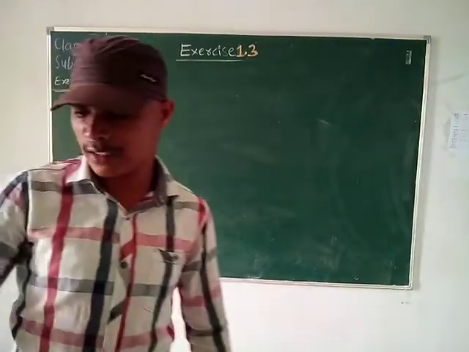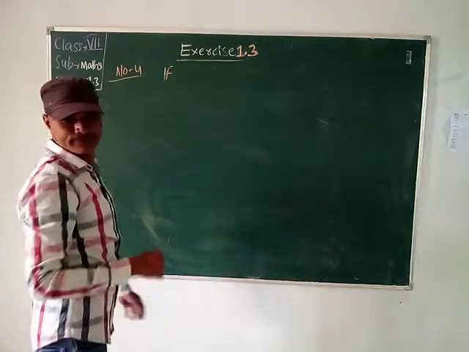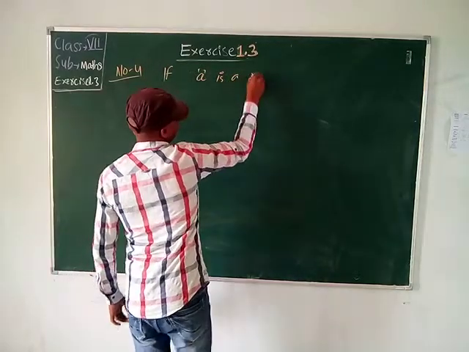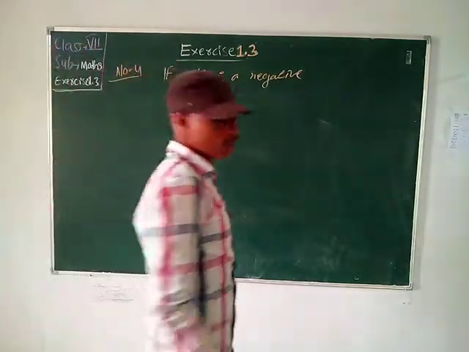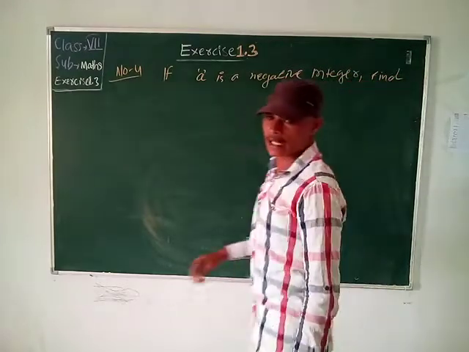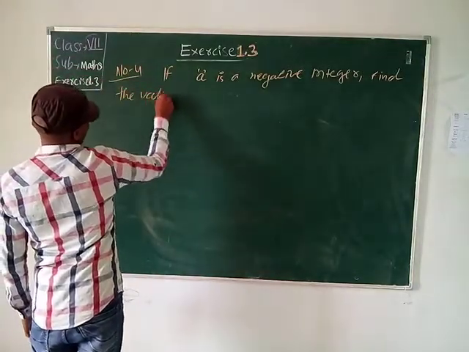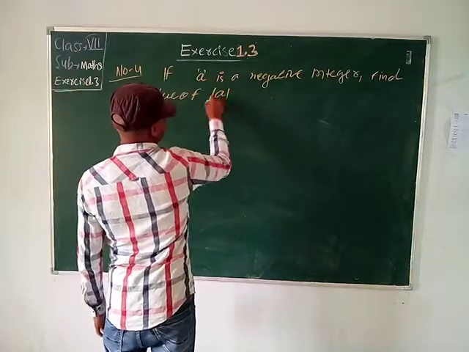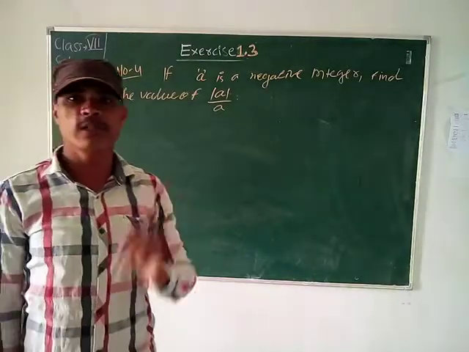Number 4. Question: if A is a negative integer, find the value of the absolute value of A divided by A. Here the absolute value sign is there, and absolute value always gives positive.